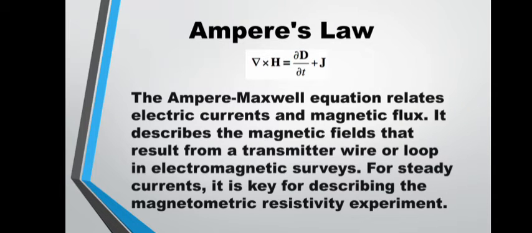And the last law is Ampere's law. Del cross H is equal to J was Ampere's law, but there was a contradiction in Ampere's law because it was violating the continuity law. To correct that problem, Maxwell introduced a term del D by del t.